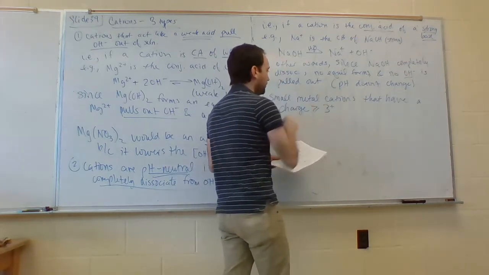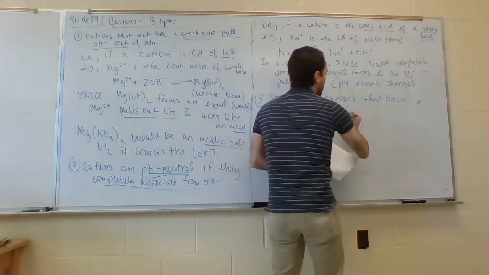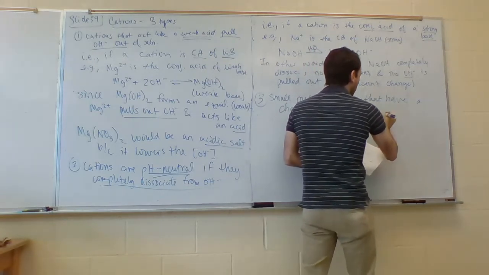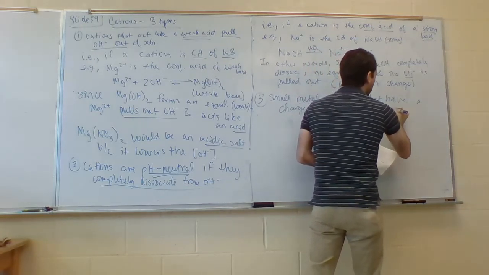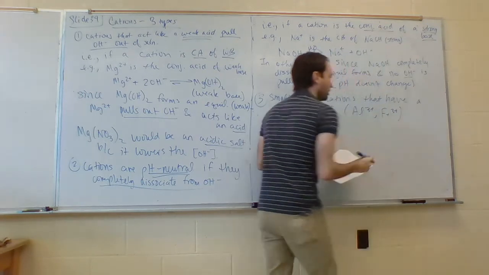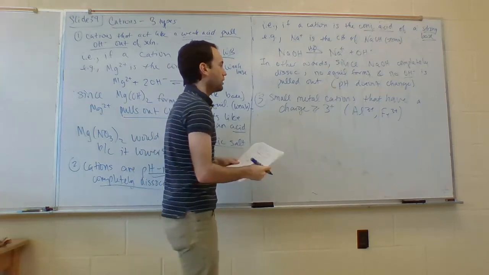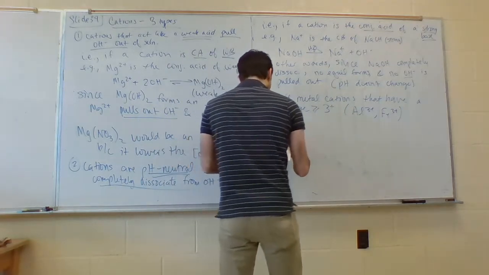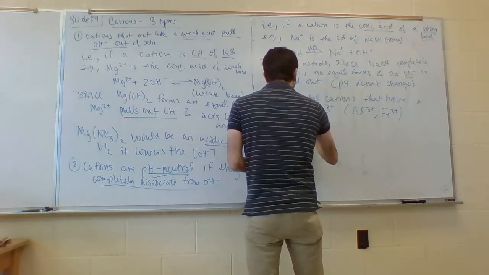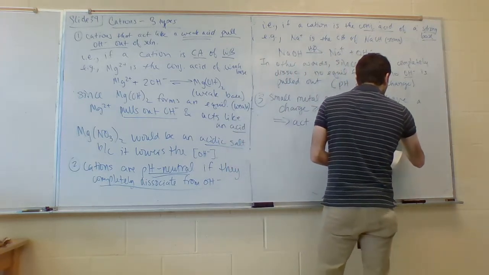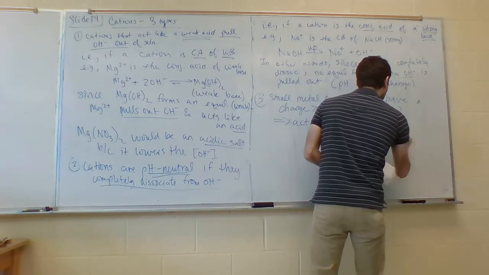This would be things like aluminum 3 plus or iron 3 plus. If it's got a 3 or bigger positive charge, then these are going to act like a weak acid.